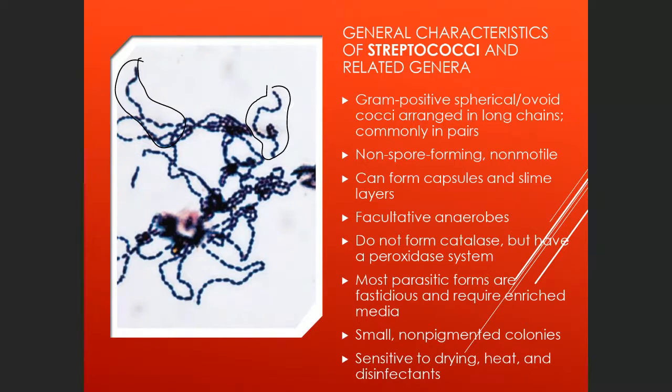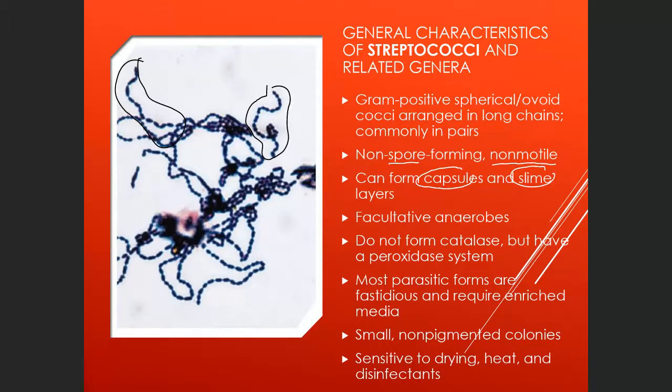This is also a gram-positive bacteria like Staphylococcus. It also does not have spores and does not have flagella, so it is non-motile. They can also produce a capsule and slime layer. Staphylococcus mostly only uses a capsule, no slime layer.